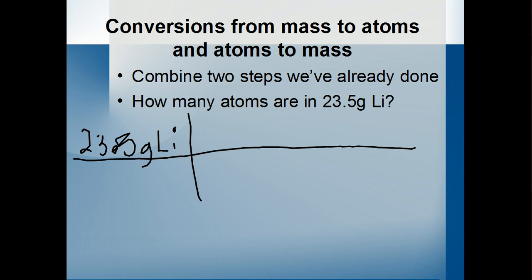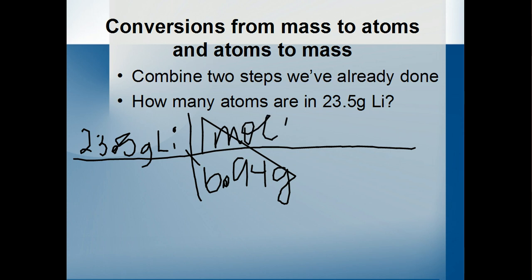So lithium weighs 6.94 grams, and grams, diagonals have to match, right? So 6.94 grams, and we know that mass equals 1 mole of lithium. Now, are they asking me for moles? No, they're not. They're asking me for how many atoms.